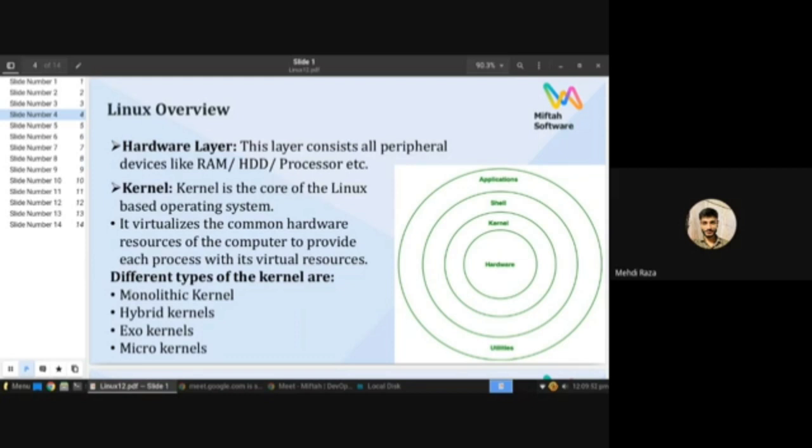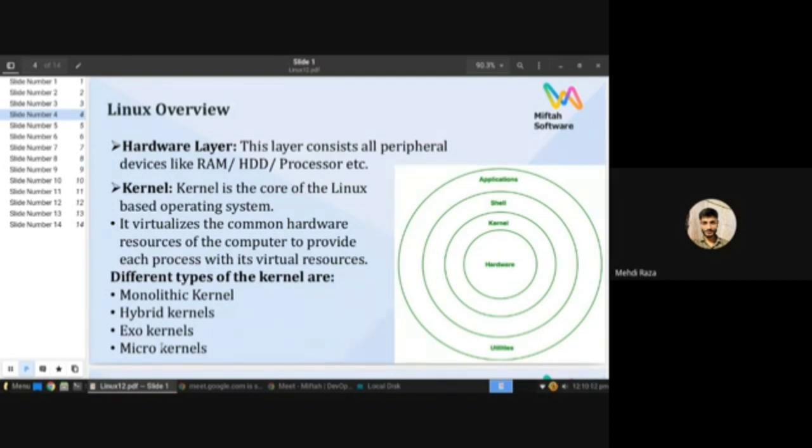We also have the microkernels. You can see over here the microkernels. The microkernels are just the opposite of the monolithic kernel. Microkernels have smaller code as compared to the monolithic kernel.